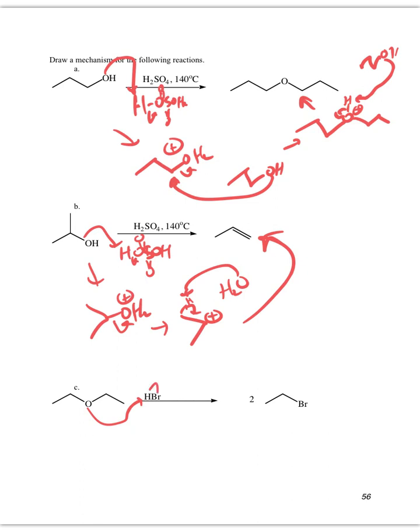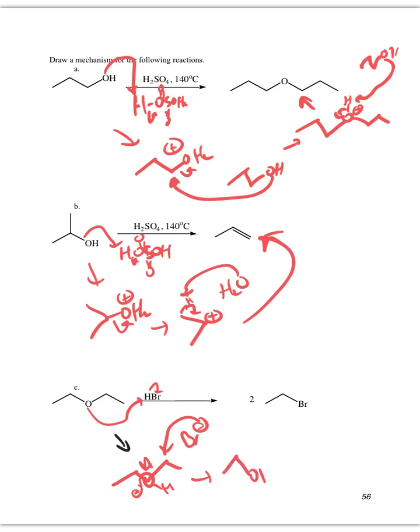If we add the ether, so we protonate the ether, it gives us the protonated ether. We add bromide in to one of them, displace the ethanol leaving group.